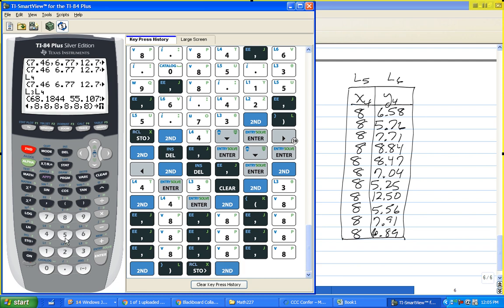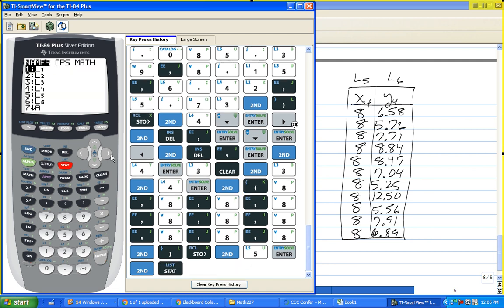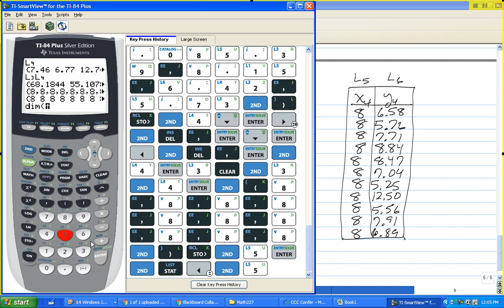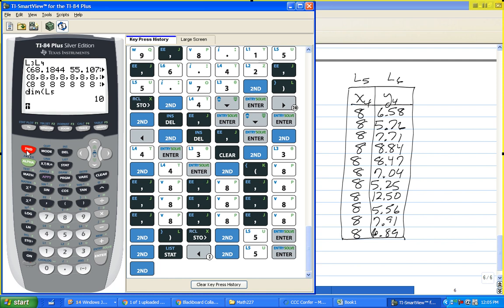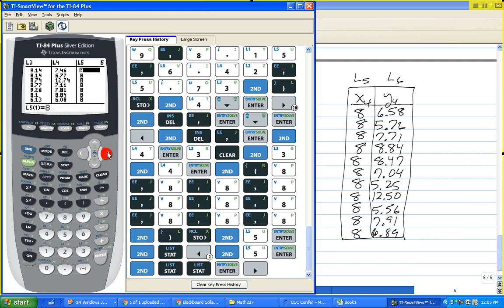And L5. Let's see what the dimension is of L5. See how close I am. I have 10 numbers. Oh, I need one more. Need one more number in L5.